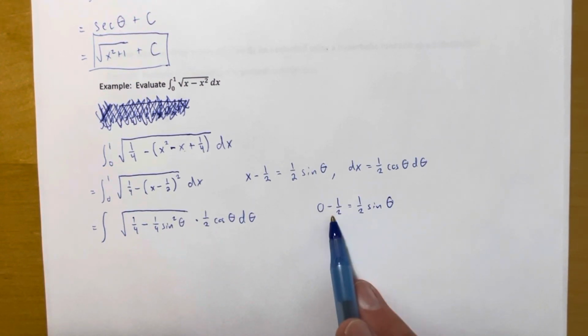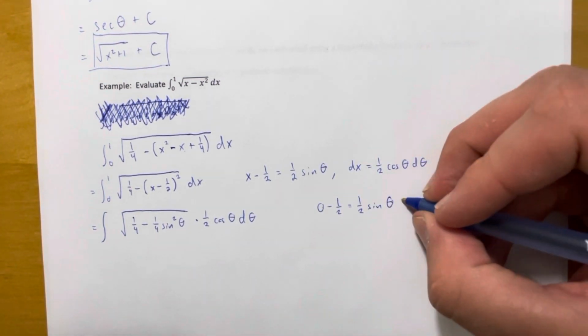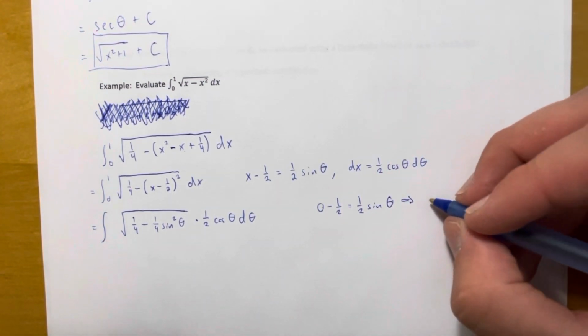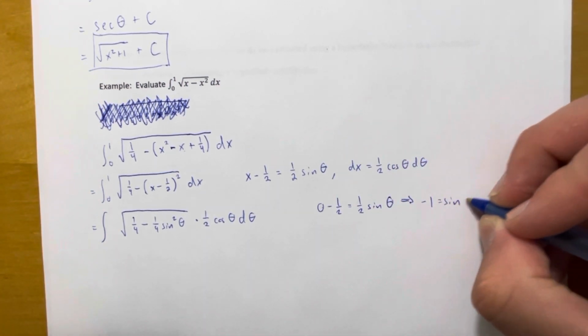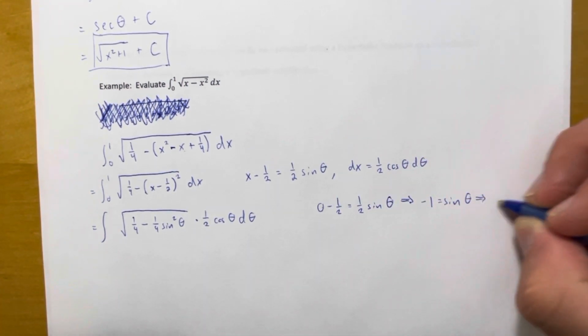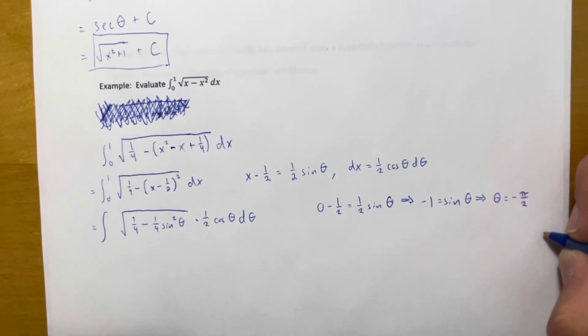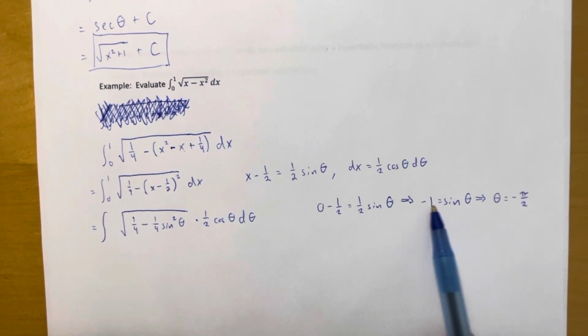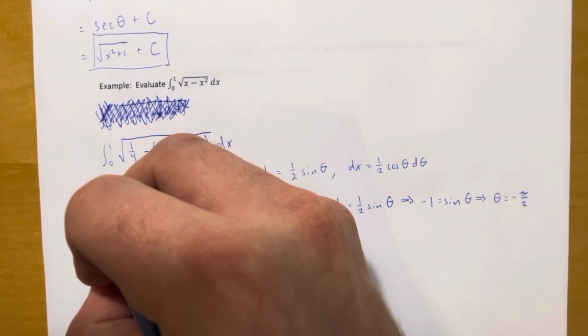Now, 0 minus 1/2 is just negative 1/2. And then I could eliminate this 1/2 by multiplying both sides by 2. This is going to give me negative 1 on that side equals sine of theta, which implies that theta is equal to negative pi over 2. Okay? So that's what the solution to this would be within the restriction that we've placed on our thetas. So this is negative pi over 2.